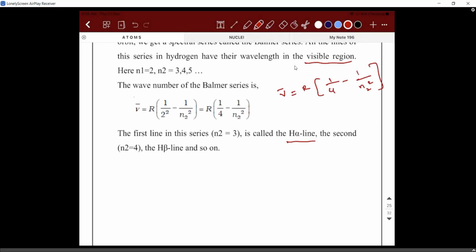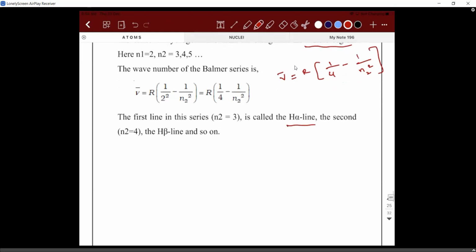Okay, it is very rarely used, but you might get questions. So second line means where should it jump from? It should jump from the fourth orbit to the second orbit. Third to second, fourth to second, fifth to second, H gamma line. It becomes something like that. Right? Shall I move on?